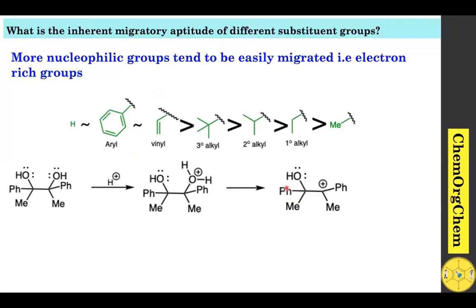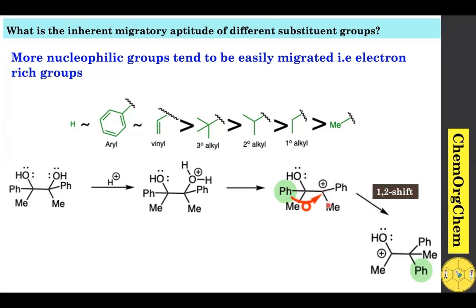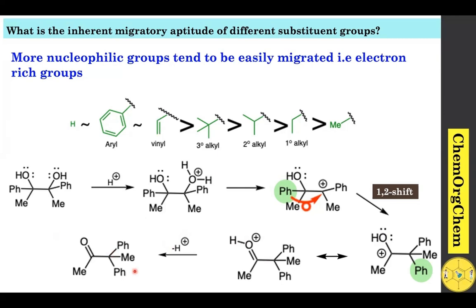Based on this, the phenyl group easily migrates towards the nearby carbocation center, which generates this carbocation by 1,2 shift. This carbocation, as we already saw, is more stable by resonance, and you will get this type of resonance structure, followed by elimination of H plus ions, which leads to this ketone product.